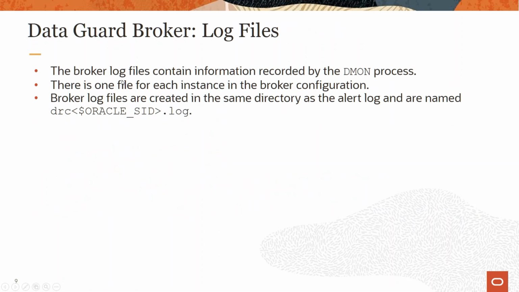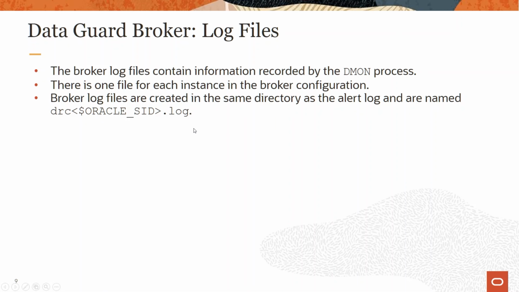The broker log file contains information recorded by the daemon process, and there is one file for each instance in the broker configuration. So in our environment, for the Boston primary database, under the trace directory, you will have one log file for Data Guard Broker.